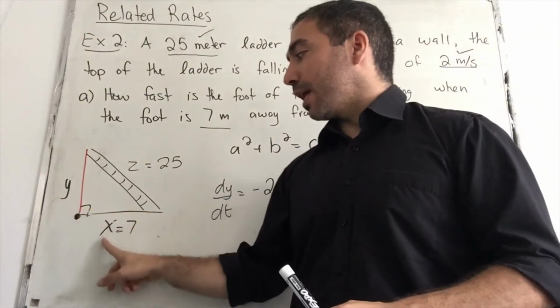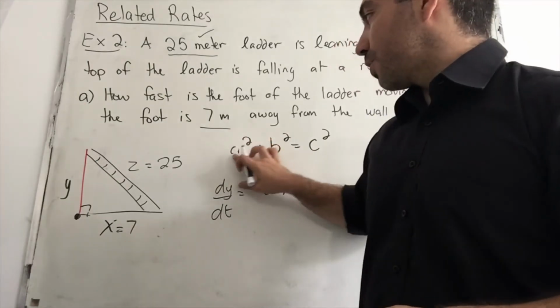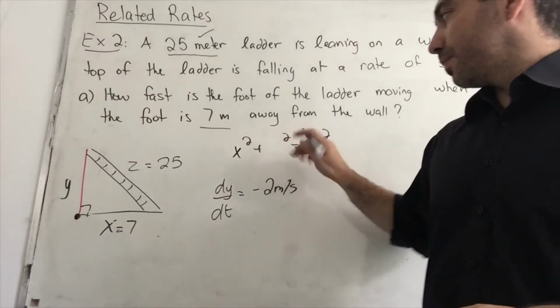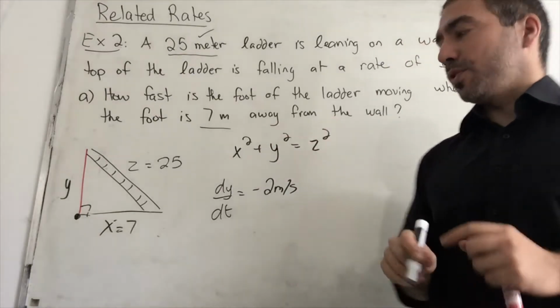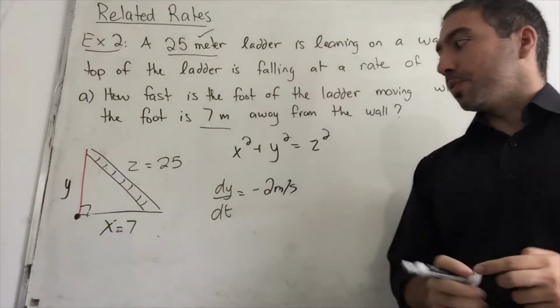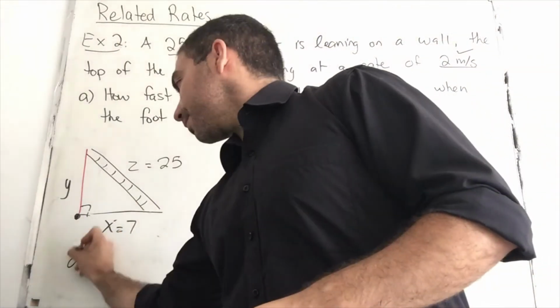But based off the parameters that I'm using, because I'm going to stick with x, y, and z, we have really x squared plus y squared equals z squared. That's the formula that I'm using. I'm using Pythagorean, using the parameters that I labeled. Okay. Let me just move the dy/dt down here.